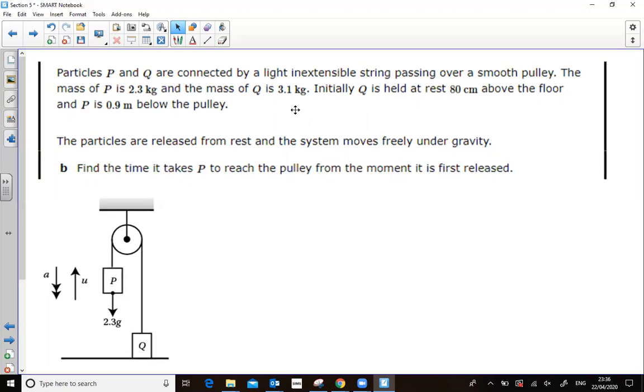So now, let me draw a diagram, just to quickly show you what is happening. So imagine P was here before, and that's the pulley, the top.